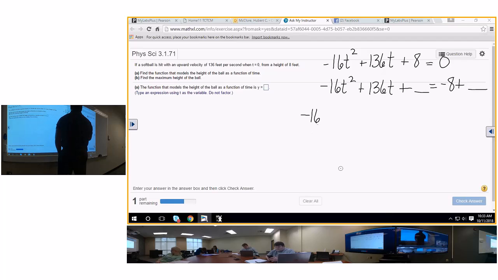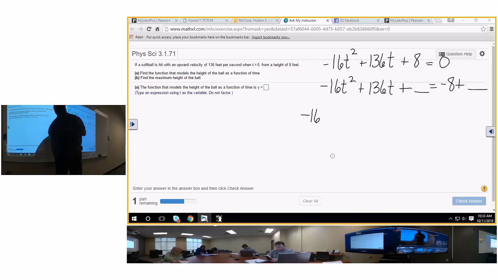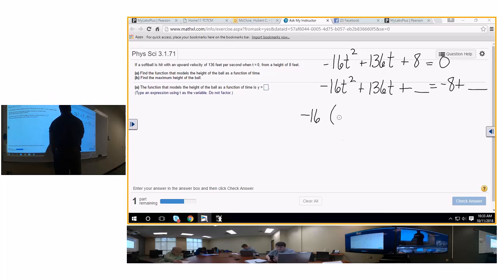Uh-oh, so that means a fraction. 8.5 comes out to be 17 over 2. 17 over 2? Okay. All right, factor out 16, that gives you t squared plus 17 over 2.